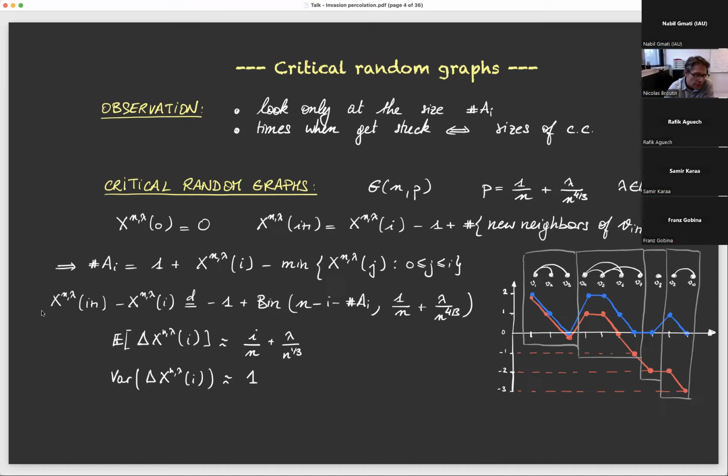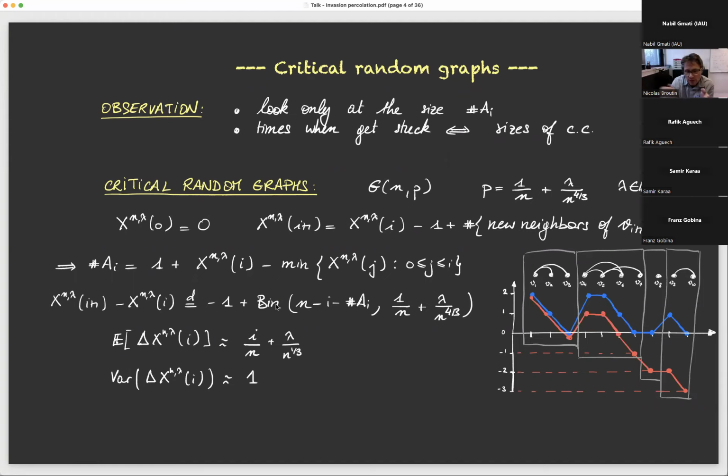For now, forget about the reflection and let's try to figure out the evolution of this X^{n,lambda} process. Every time you take one node, this is the -1, and you add the neighbors. So you just have to figure out how many neighbors you add. What is the distribution? If you've already done k steps, there are k nodes that you've seen already.